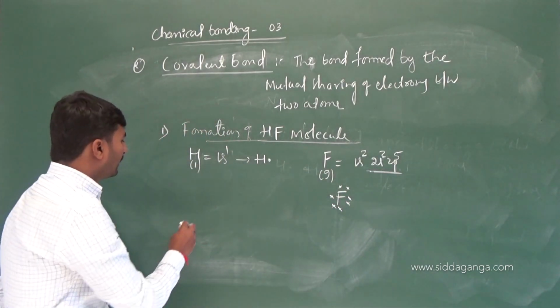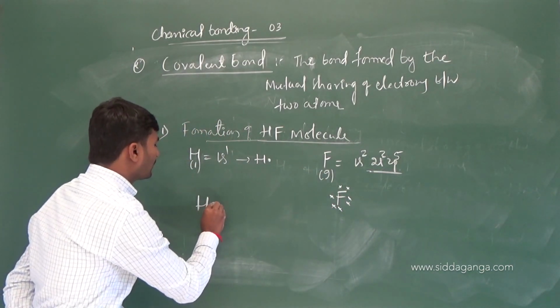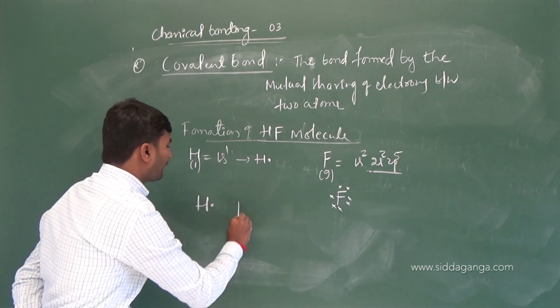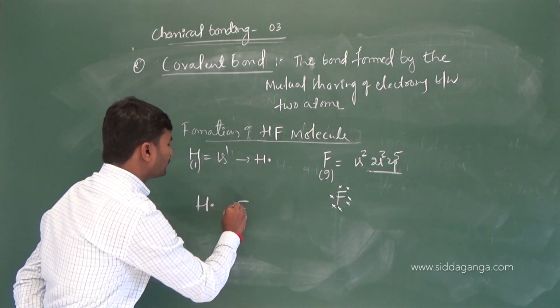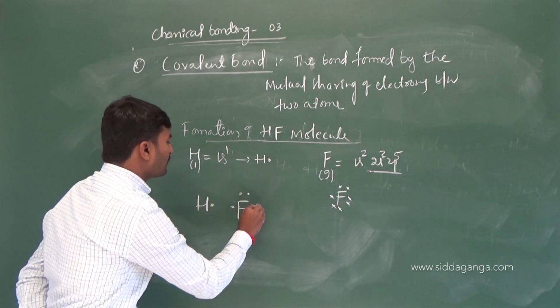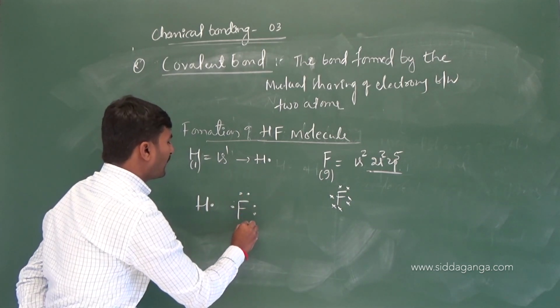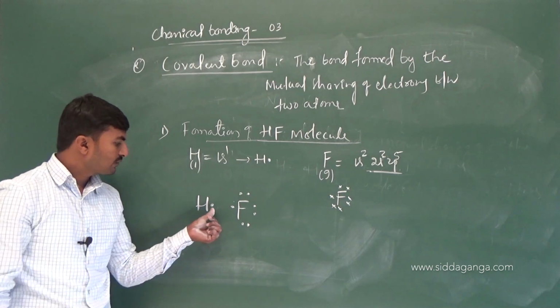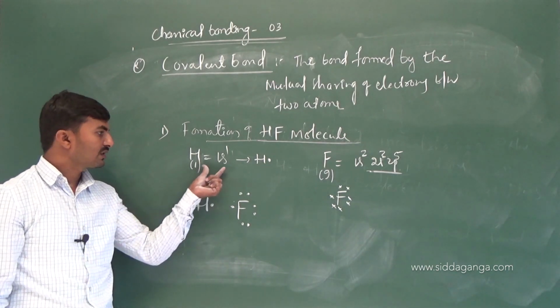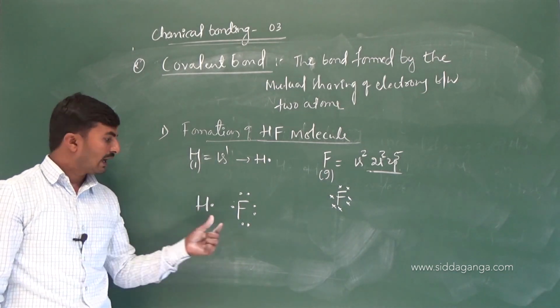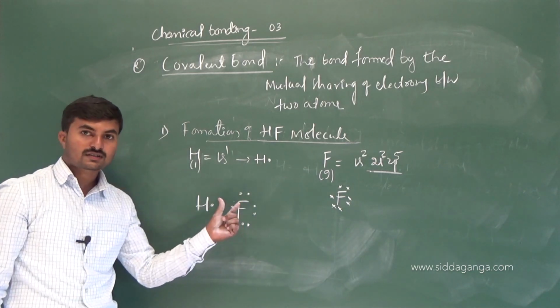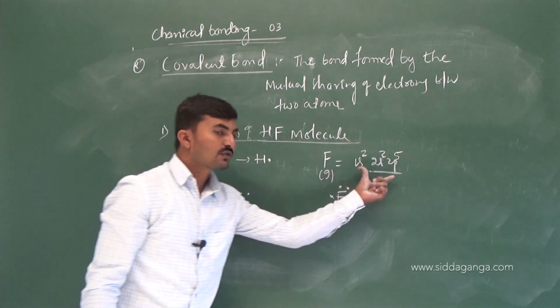Now we should consider it like this: hydrogen atom and fluorine atom. This 1 dot represents that hydrogen has only 1 electron, and these 7 dots represent that the fluorine atom has 7 electrons in its valence shell.